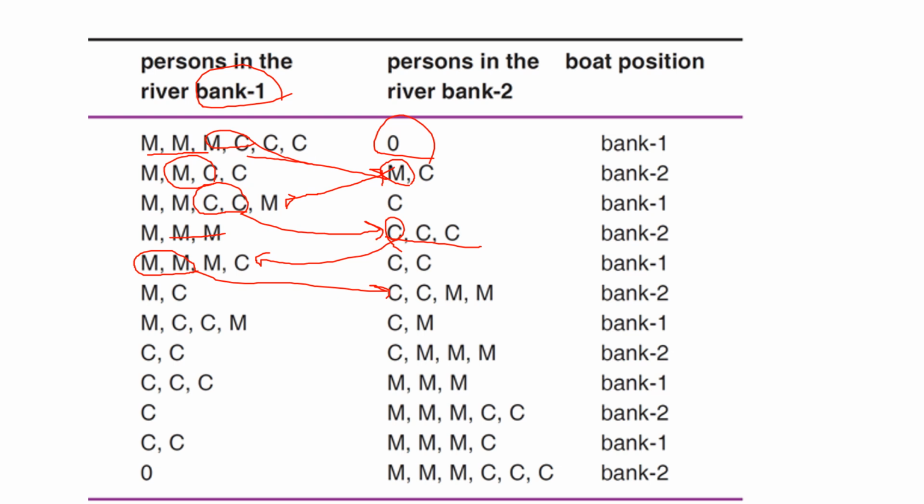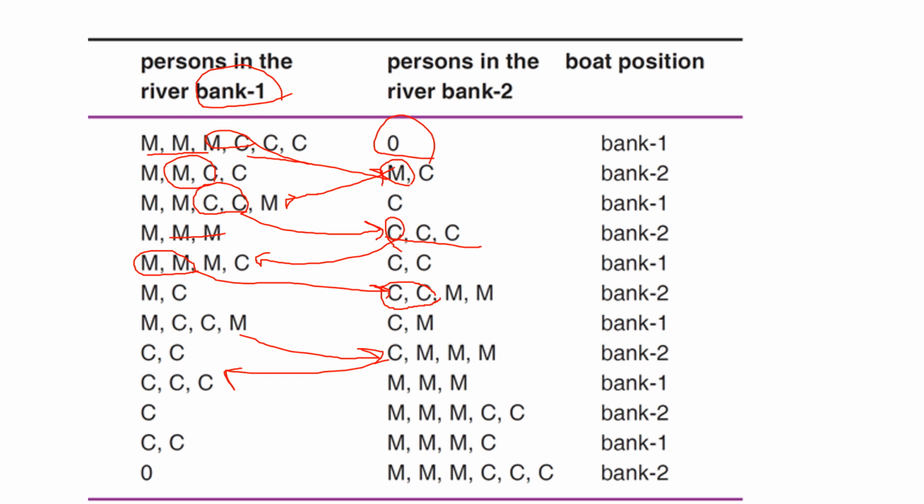Then here we have to select two cannibals. They are coming this side. Again, they are sending two missionaries this side. Now we have one C and triple M. Again, send the C here. Okay, triple C is here.